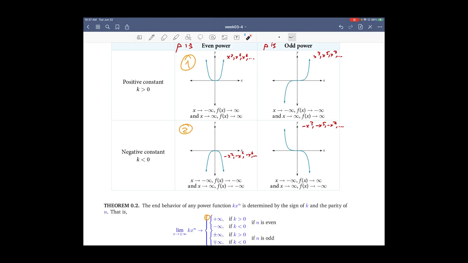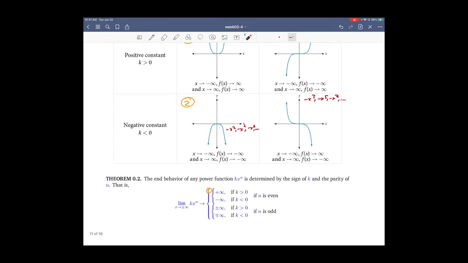Whenever the argument goes to positive infinity, so does the function. Whenever x goes to negative infinity, so does the function. It's vice versa when the coefficient is negative. So x going to negative infinity implies f goes to positive infinity, and x going to positive infinity implies that f goes to negative infinity.